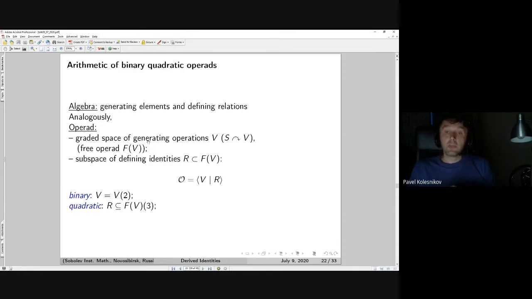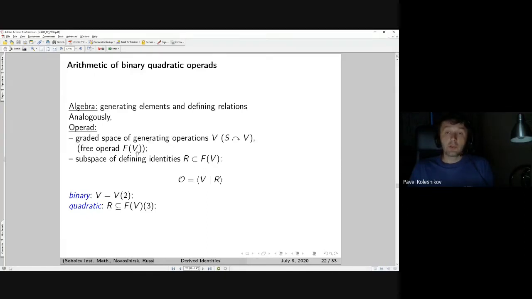Starting from an arbitrary space like that, one may define what is called a free operad generated by V. The elements of the free operad, the elements of its spaces, are obtained by all possible compositions of operations from V.